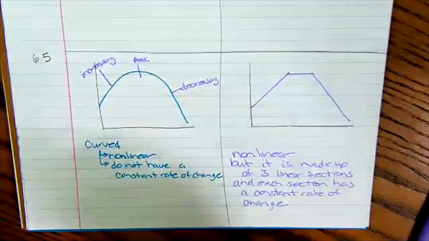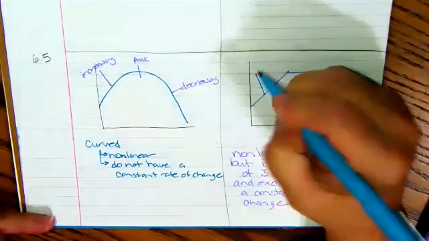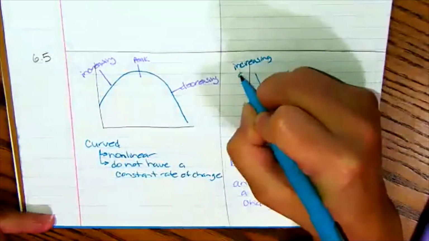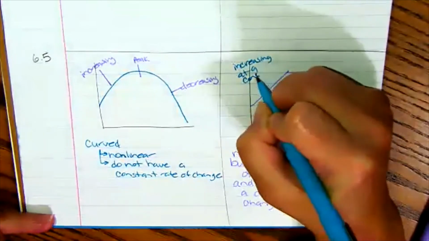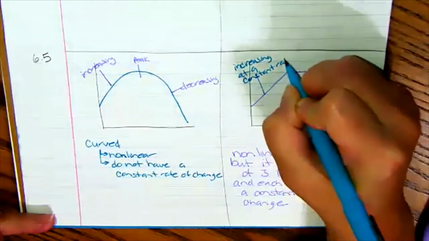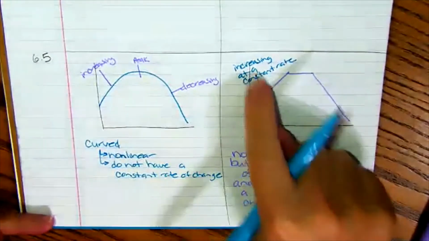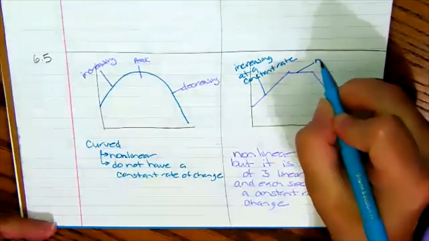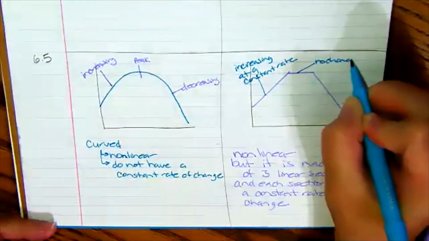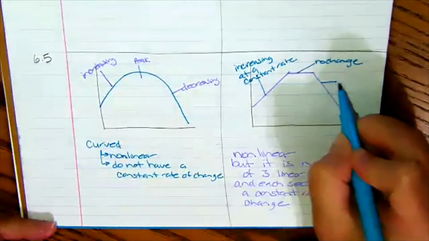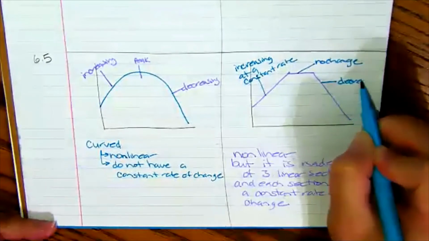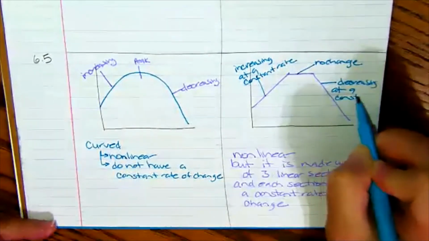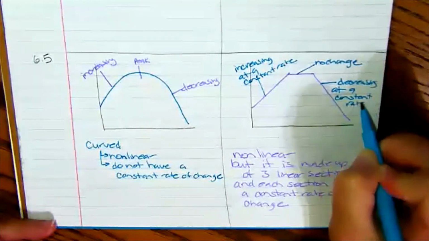Okay? So here, this is increasing at a constant rate. This shows no change. And here we are decreasing at a constant rate.